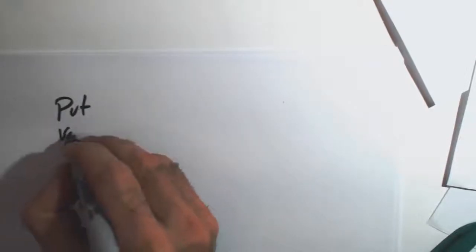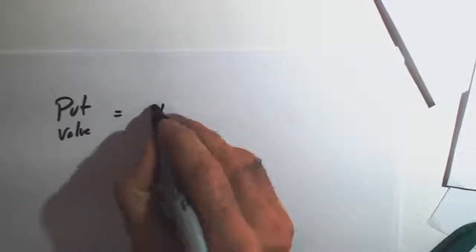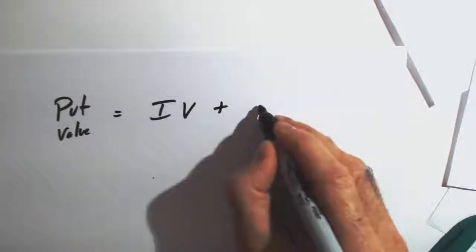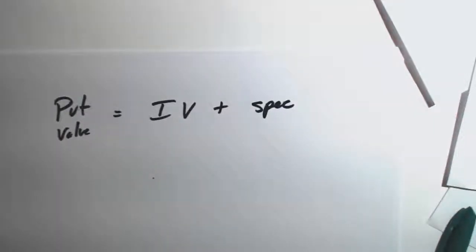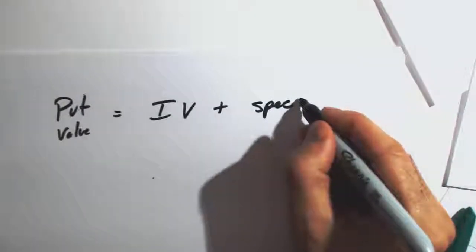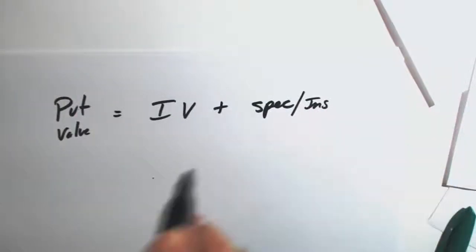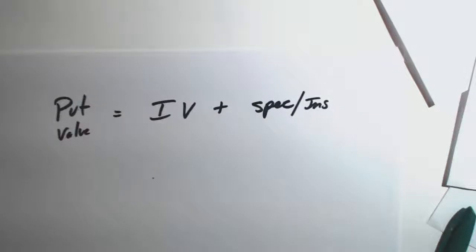Now let's do a slight digression and go into the components of put options. The way your text talks about it, you can have a put option, and the put value is equal to its intrinsic value plus its speculative component, which I would also argue is an insurance component if you're using the put as insurance. And you will see puts are a really valuable insurance product, because we'll literally put together a protective put later on in the course.